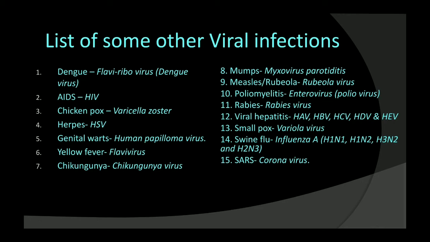AIDS can be studied in detail in the next part of the chapter. The full form is acquired immunodeficiency syndrome. AIDS is caused by a virus called human immunodeficiency virus, HIV, when it infects a person.